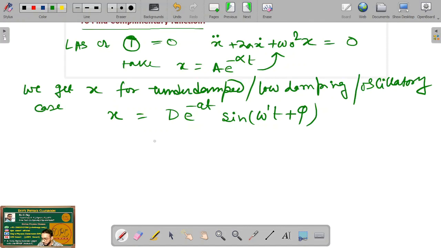Another form we can also get is x equals D into e to the power minus at cosine of omega prime t minus phi.